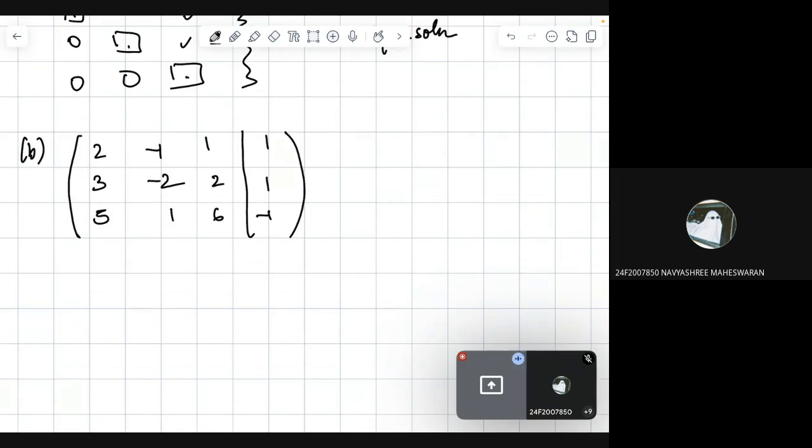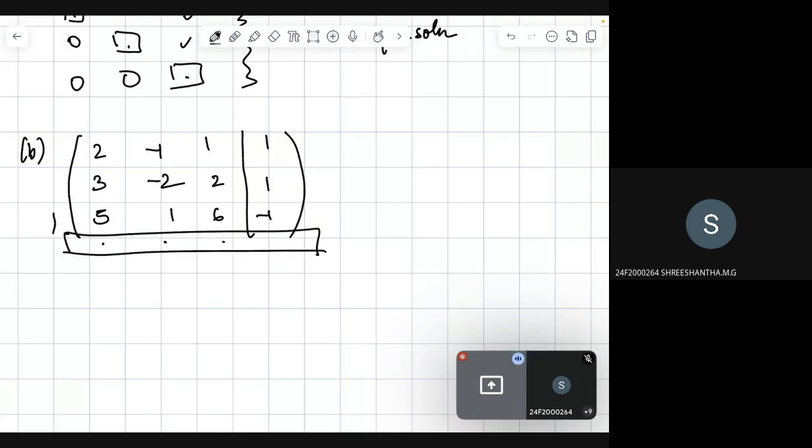Can anyone say? Any one row should contain 0, 0, 0, 0 entry. Yes, correct. So if any of the rows contains all zero entries, all four entries in any row, then the system will have infinitely many solution.